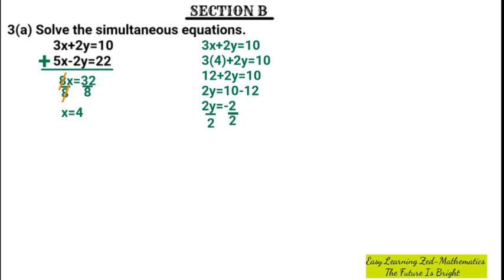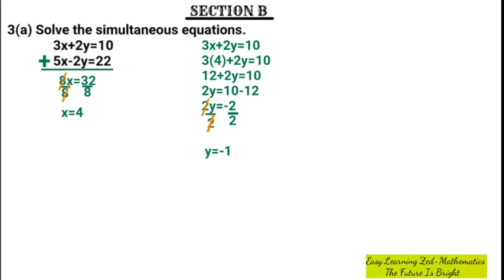On the left side, 2y divided by 2, the 2 on top and the 2 down cancel each other out, leaving us with y. Then negative 2 divided by 2 gives me negative 1. So the value of y in both equations is negative 1.